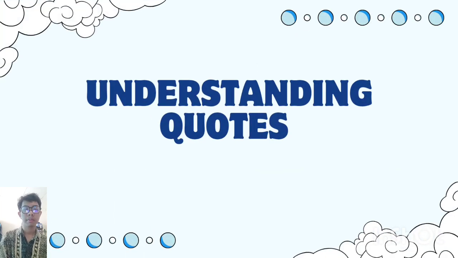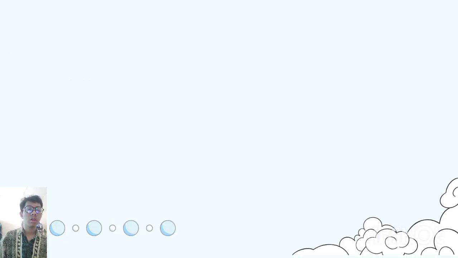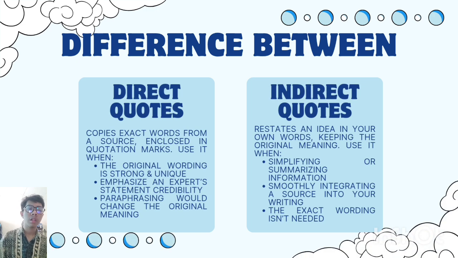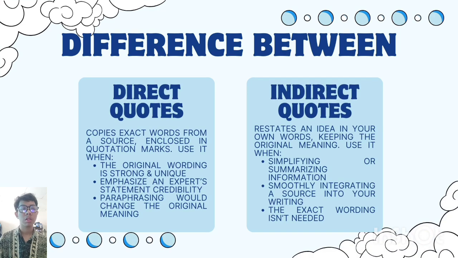Understanding the quotes. So, what is the difference between direct quotes and indirect quotes? The first, direct quotes, is the original words. Direct quotes copy the exact words from a source, enclosed in quotation marks.